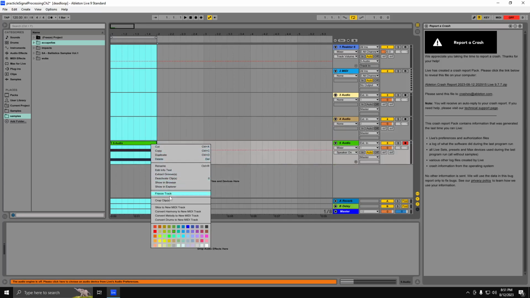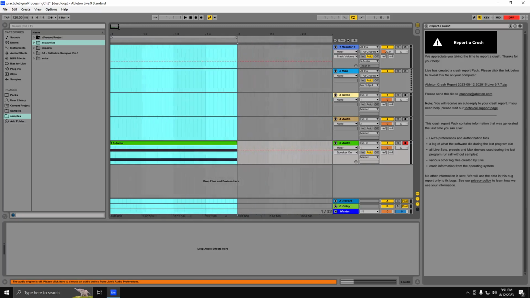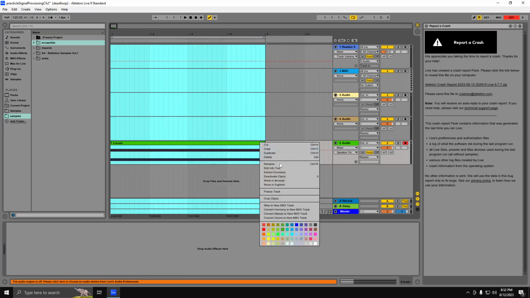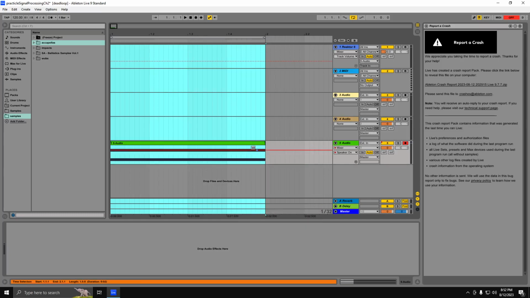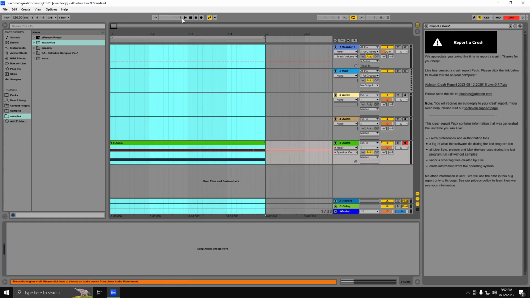It does look like it has a fade, doesn't it? It does have a fade. I think that's what this thing means. Is there like a show fades option? It looks like it's automatically fading if I play it back.